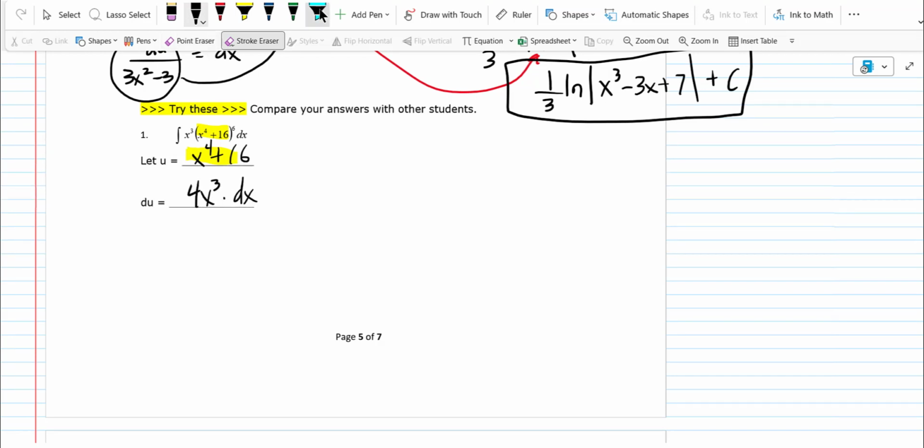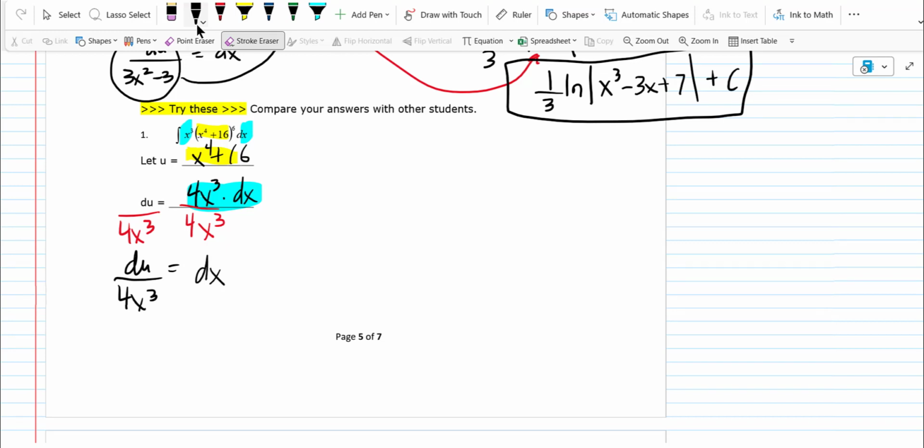The key thing is that the 4x to the third dx does not match what was left. That's what tells you that you need to solve this equation for dx. So we've got to do that, and what you end up with is dx equals du over 4x to the third. I think that part was mostly okay.